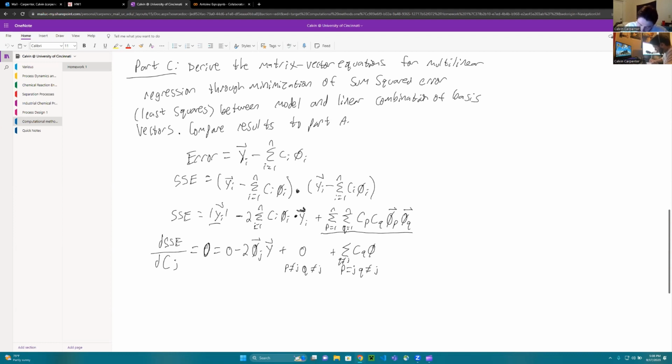And then for the scenario where p is not equal to j and q is equal to j, we will have cp phi p phi j.